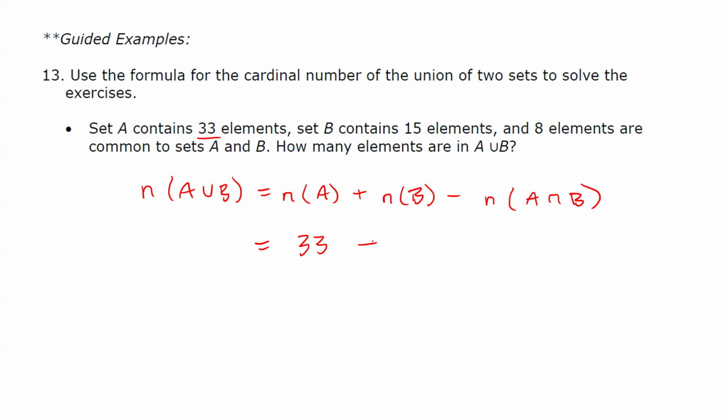The number of elements in set B is 15. And the number of elements they have in common is 8. The order of operations when we have addition and subtraction, we go left to right. So that would be 48 minus 8, which would be 40. So there's a total of 40 elements in the union of sets A and B.